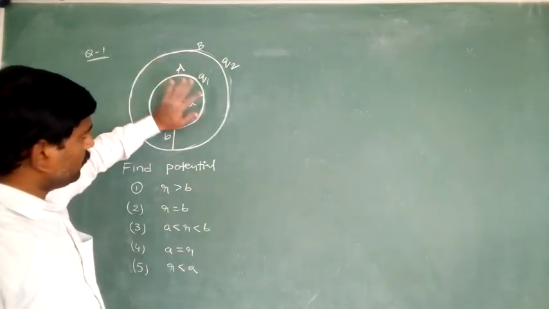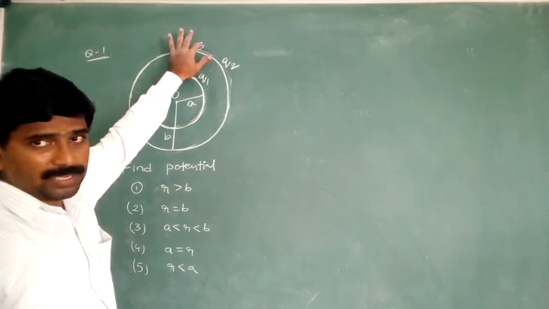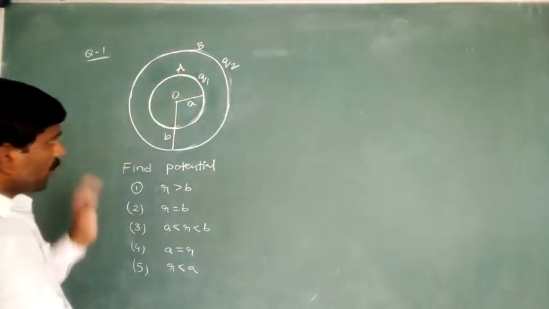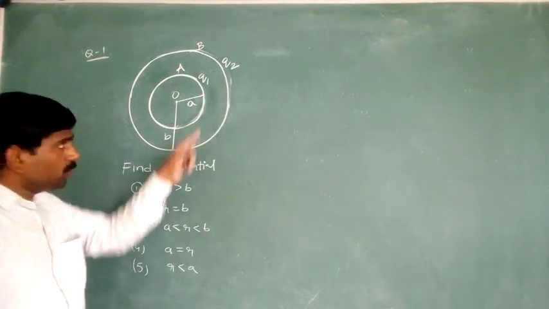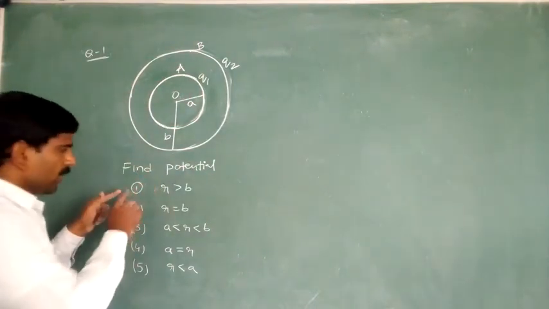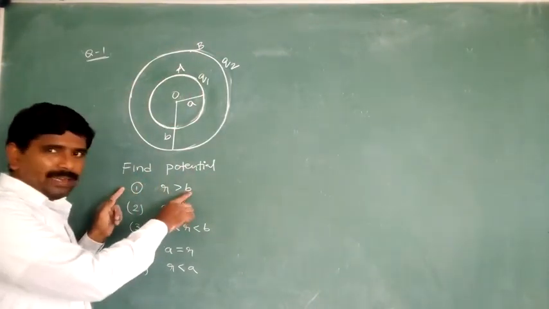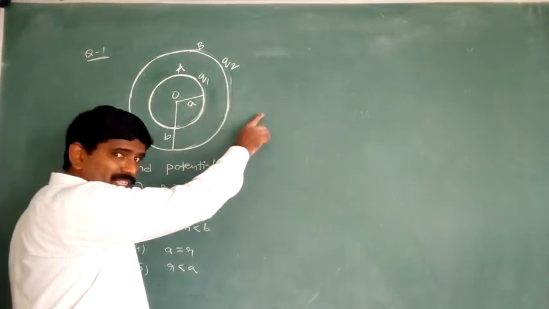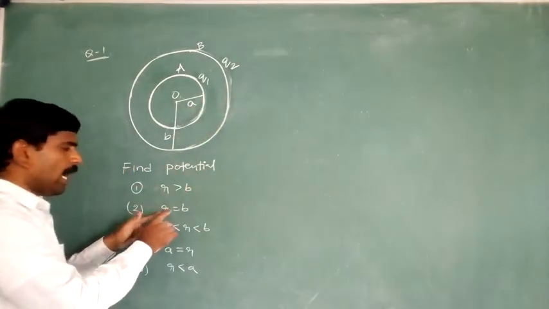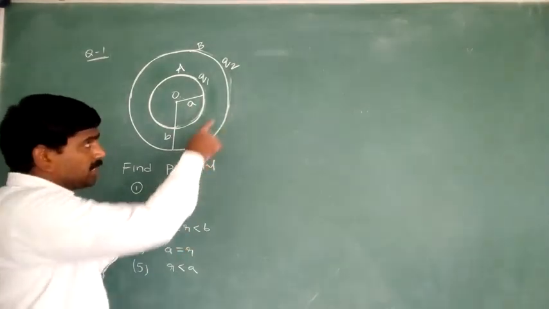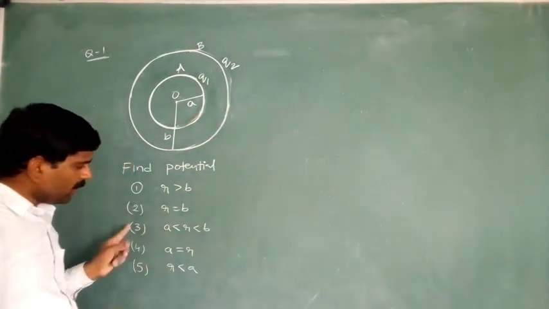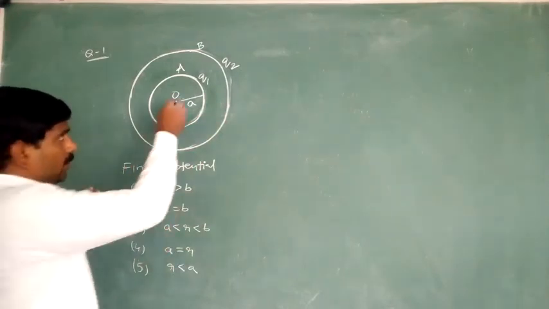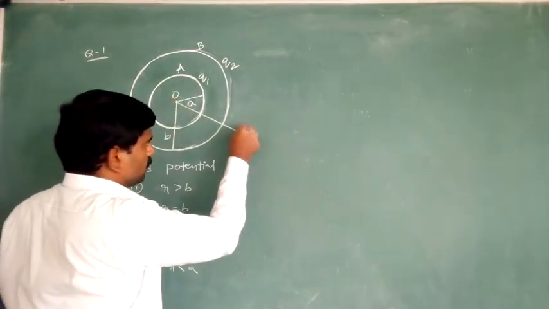We want to find out the potentials due to both these shells. If r value is more than that of b, means outside of the shells. Second one, r is equal to b, means on the surface of the second shell.